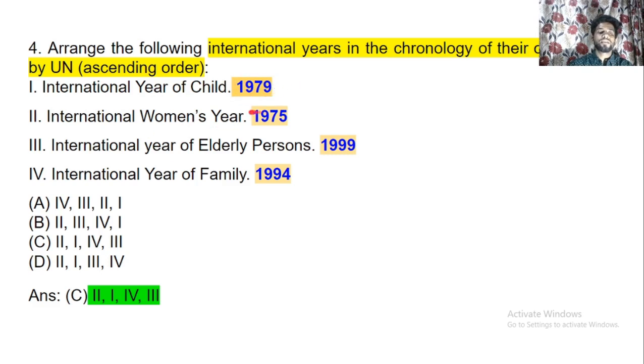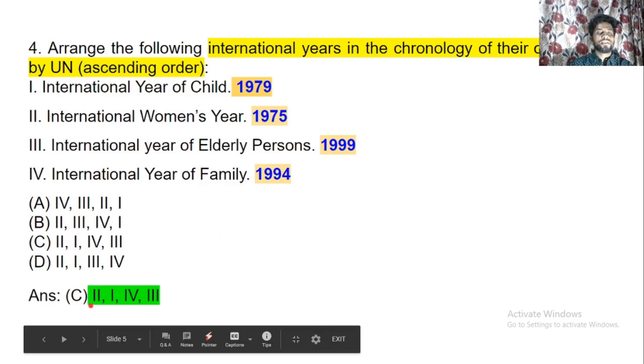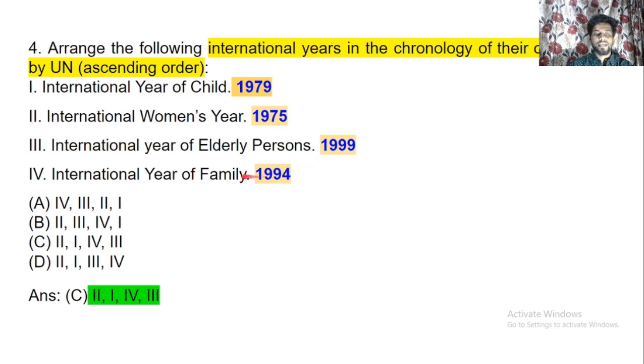The International Women's Year was observed in 1975. The International Year of Elderly Persons was observed in 1999, and the International Year of the Family was observed in 1994. So your chronological order will be first 1975, then 1979, then 1994, and then 1999. So this will be your correct chronological order.